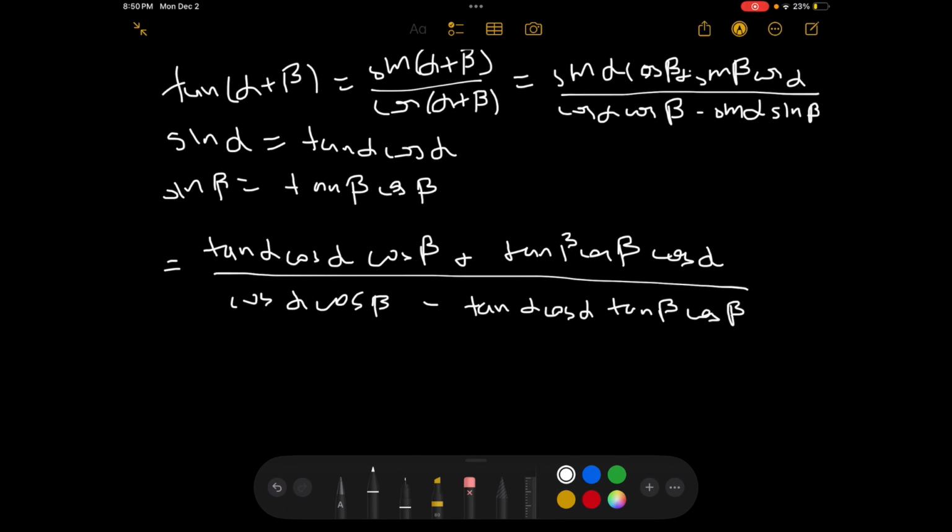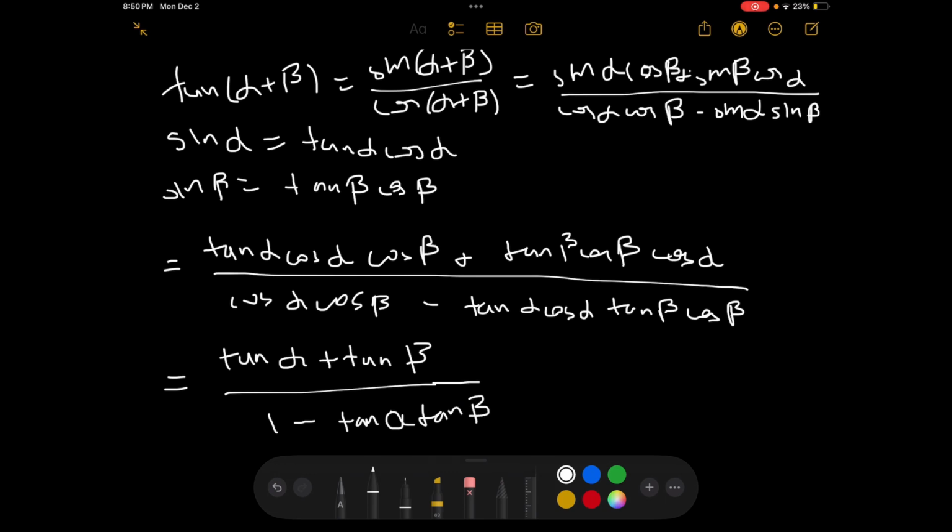Now we can see that there's a common cosine of alpha and cosine of beta in every single term in this fraction. So we just divide by cosine of alpha and cosine of beta. And we get tan of alpha plus tan of beta over 1 minus the tangent of alpha times the tangent of beta. And this is our sum angle formula for tangent.